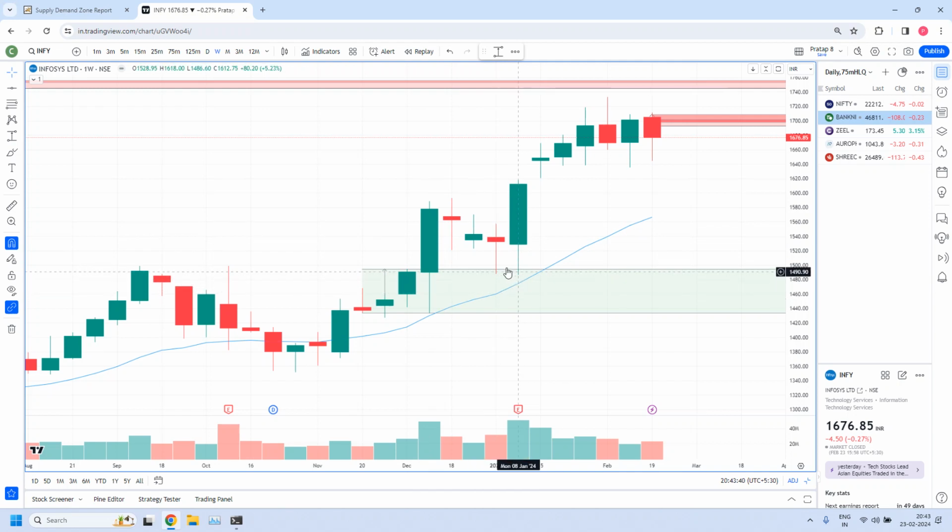Generally, what happens at the time price over extension completes, the demand zone will always have a confluence. That is very natural, because the price over extension comes only when price is near to the EMA value. In that area, if there is any demand zone, obviously EMA confluence will be there. So now it has started moving up.